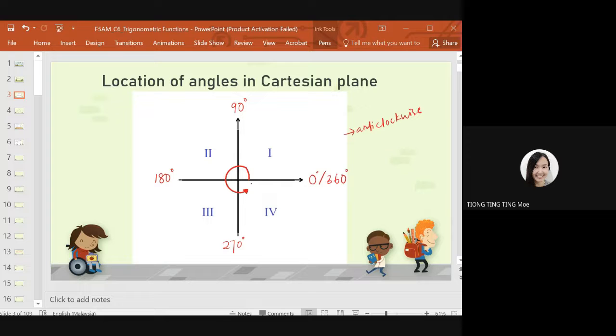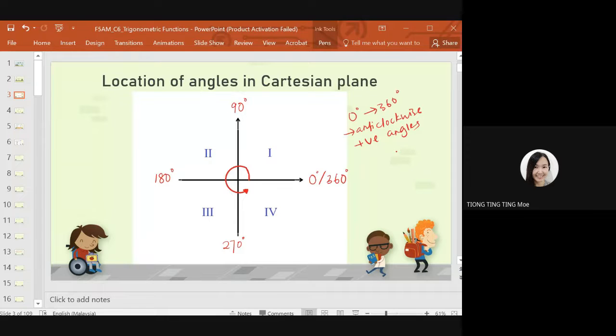For anti-clockwise, the angle will move from 0 degree to 360. This one we call the positive angles. So if the angles move in the anti-clockwise or counterclockwise direction, then we call it a positive angle.